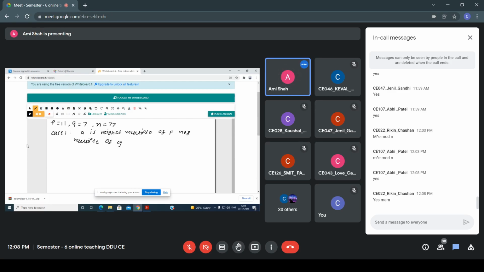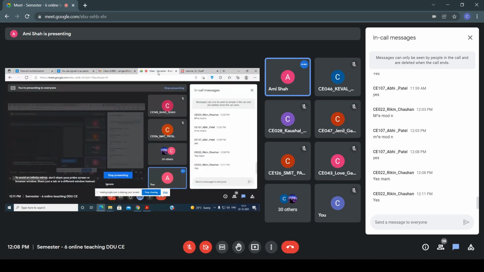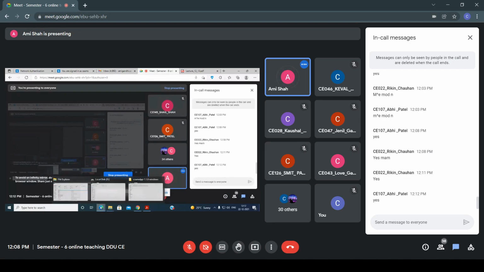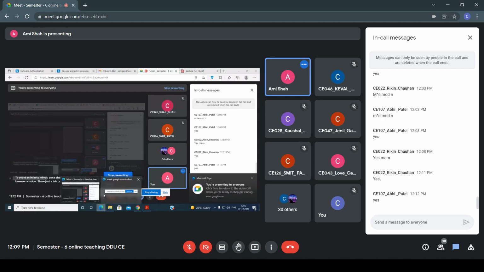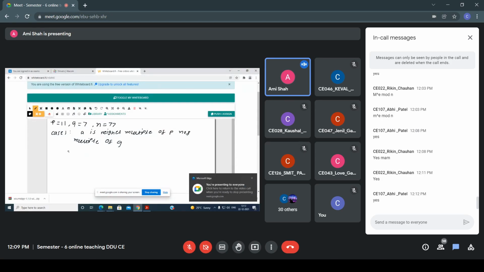Yes or no? So therefore, I can write in this way: A and N are co-prime.